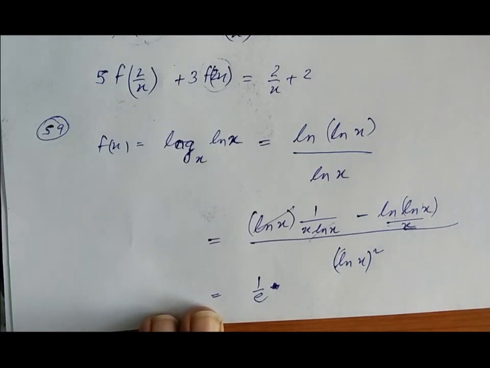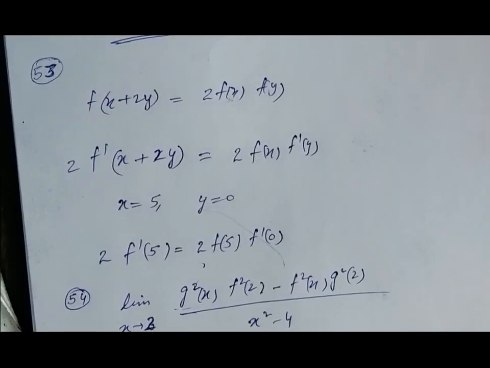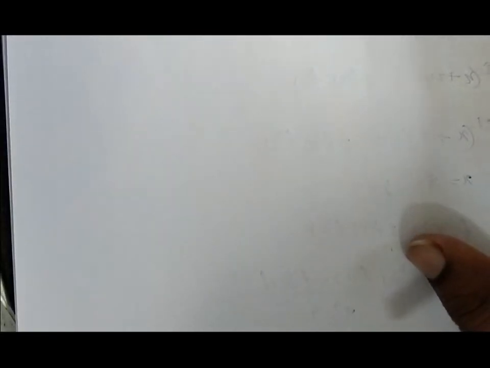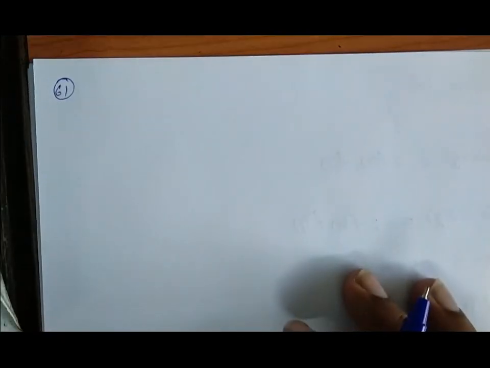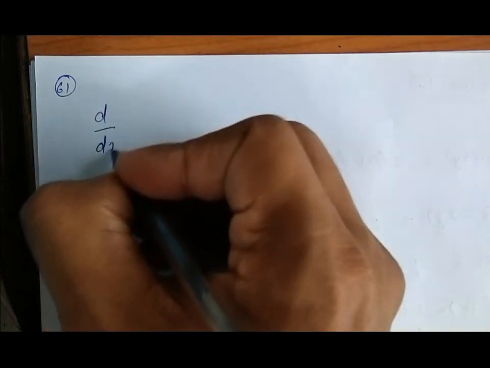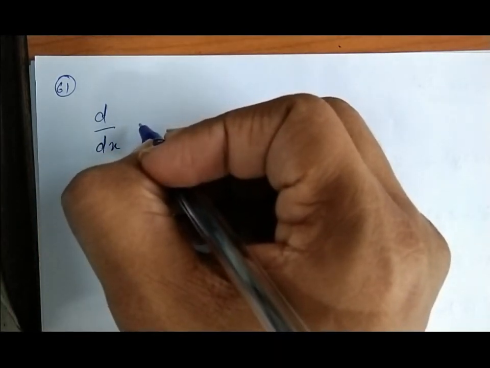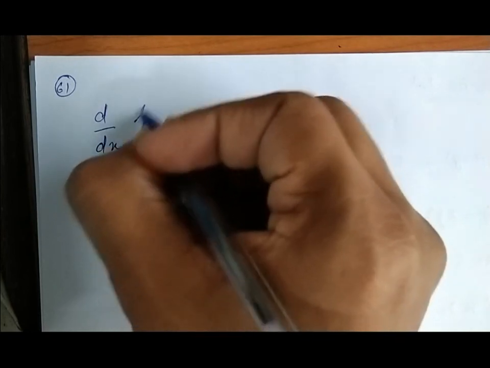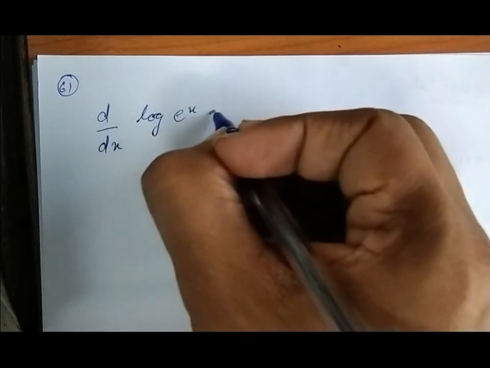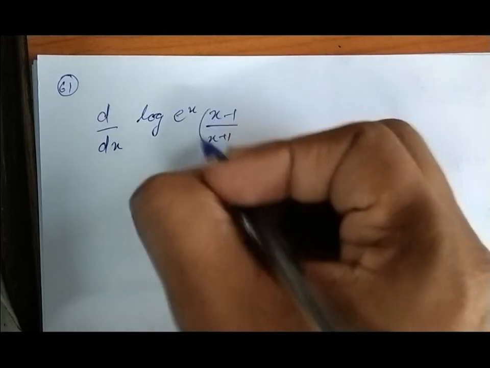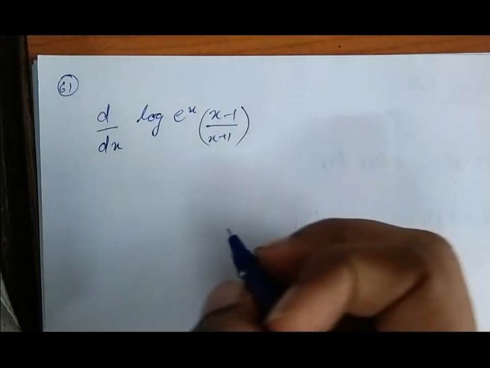moving to next question, question number 61. So question number 61 says d by dx of log of e to the power this, okay, upon x plus 1 equals.